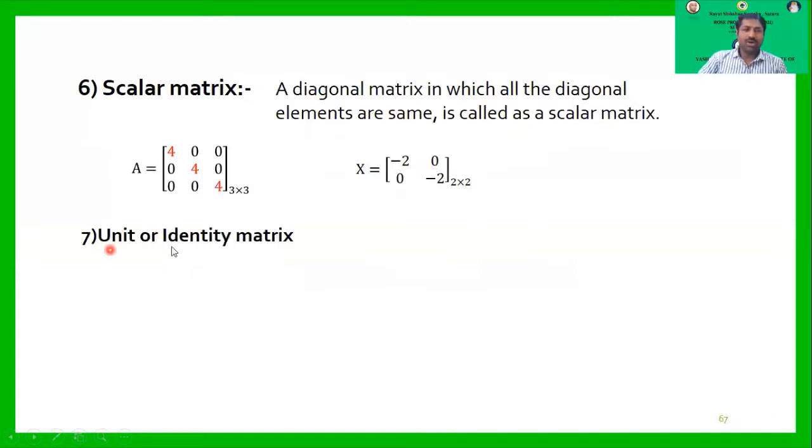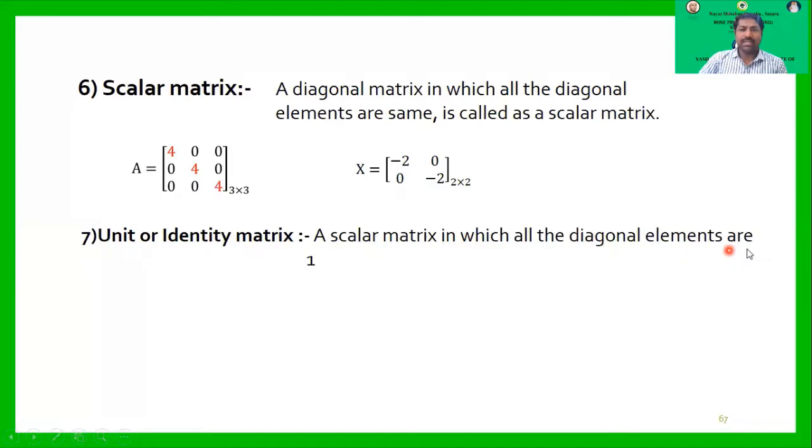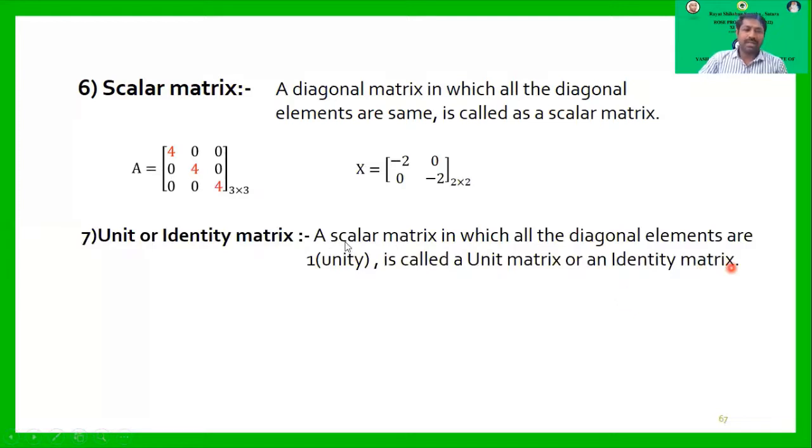Now, unit or identity matrix, 7th type. A scalar matrix in which all the diagonal elements are 1, that is unity, is called a unit matrix or an identity matrix.